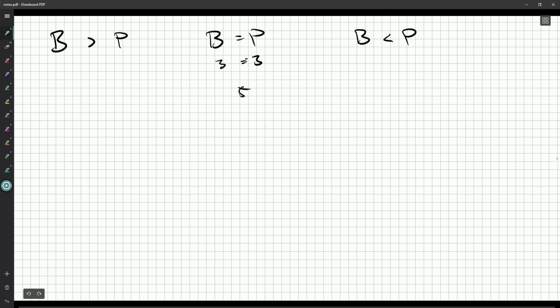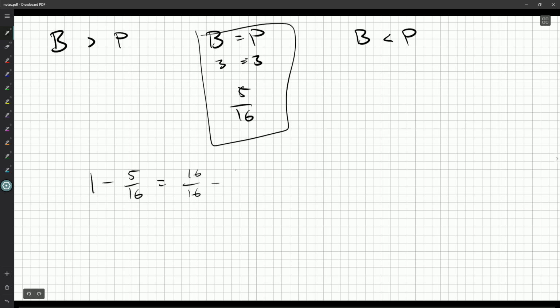If there's 5/16 for them to tie, that's 16 over 16 minus 5 over 16. That leaves 11/16 as the probability that one of them wins more games than the other.